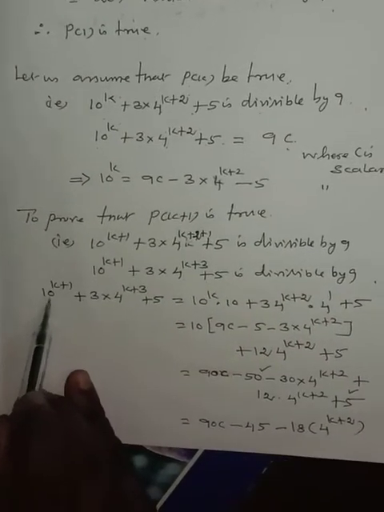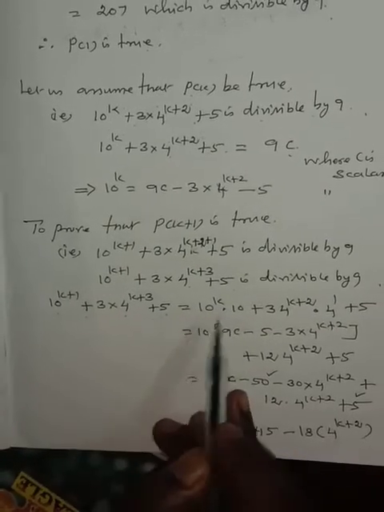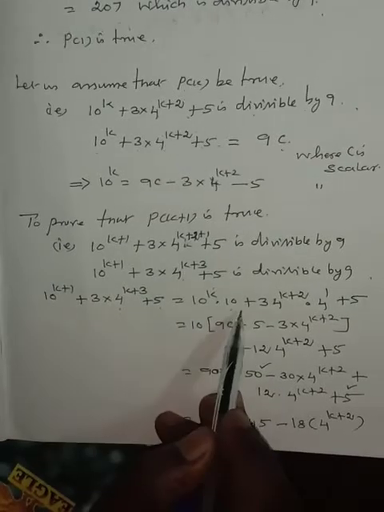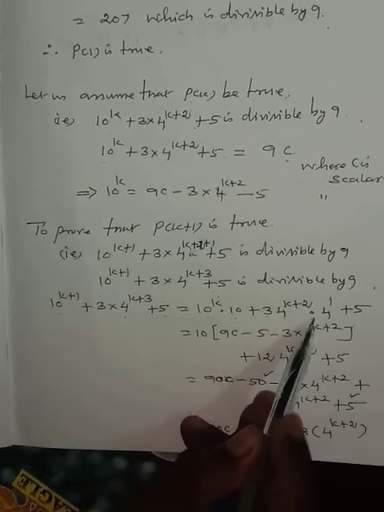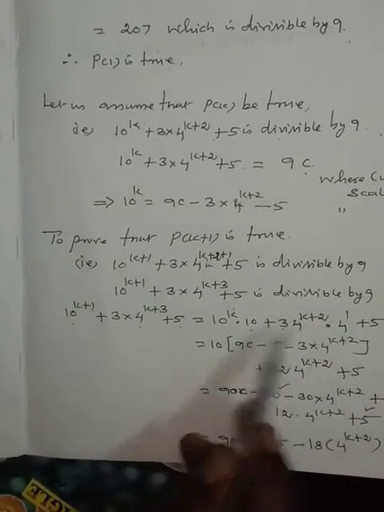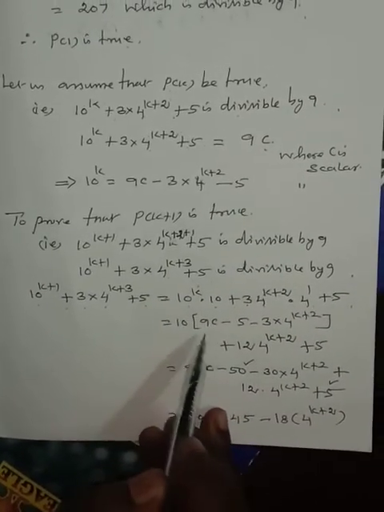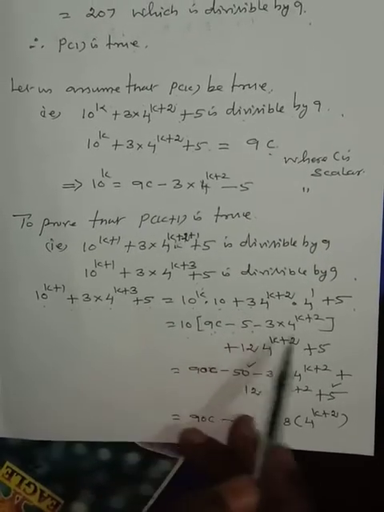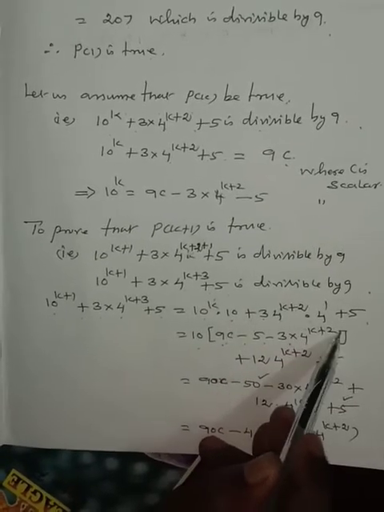Now this equals 10 power k into 10, plus 3 into 4 power k plus 2 into 4, plus 5. The common number is 10. Substituting the remaining part: 9c minus 5 minus 3 into 4 power k plus 2.